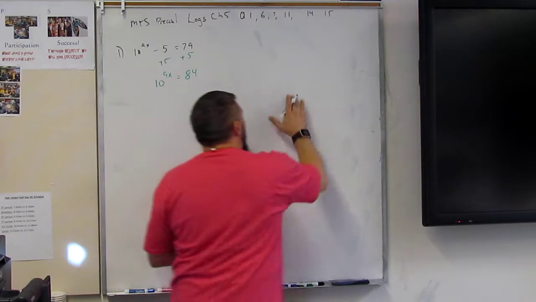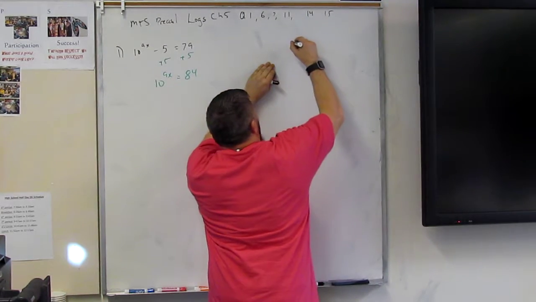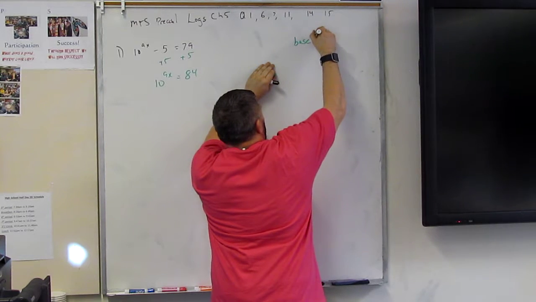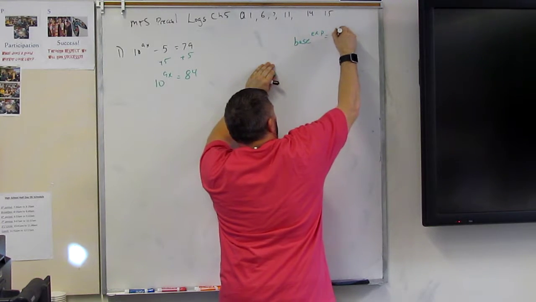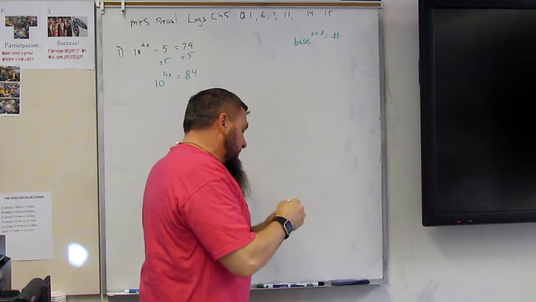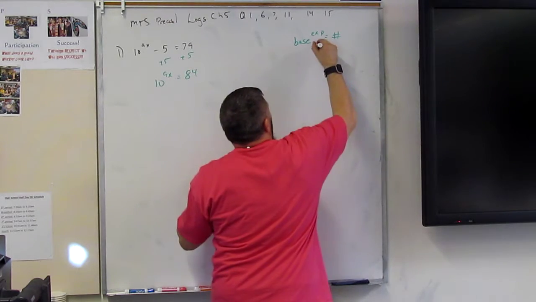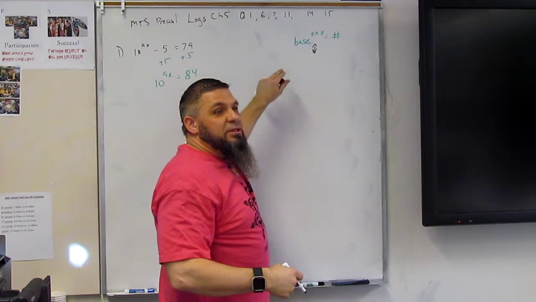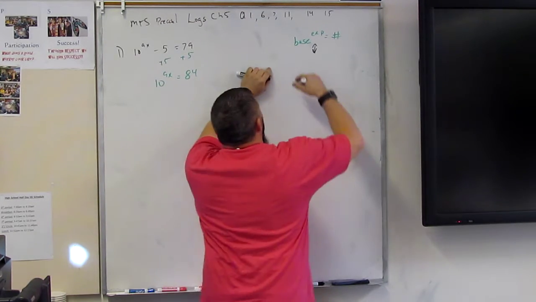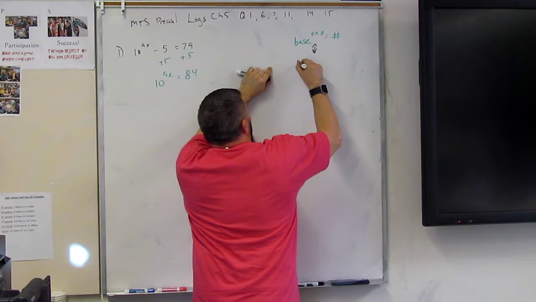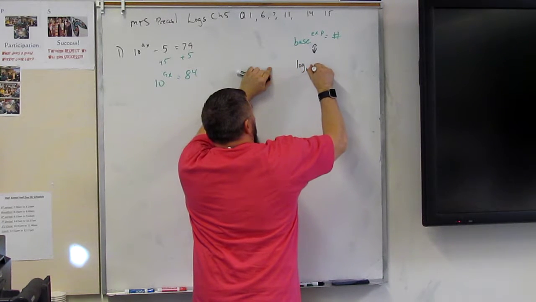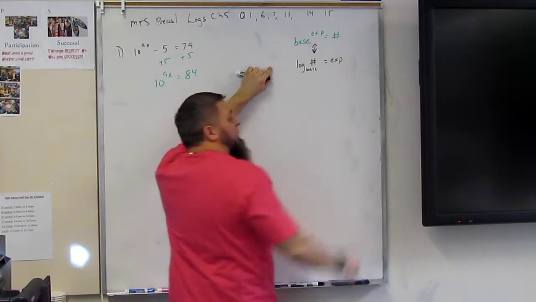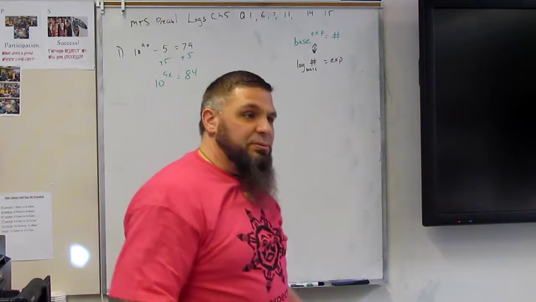If you remember from last year, if you have a base raised to an exponent, it's equal to a number, and it goes both ways. You go from exponential form into logarithmic form. Logarithmic form would be log of the base of the number is equal to the exponent. So that's the base rule.